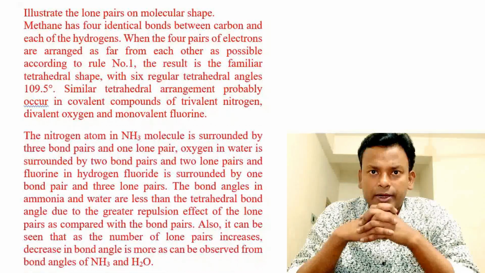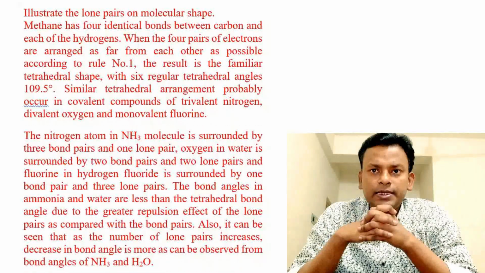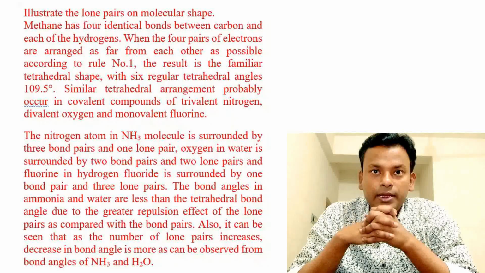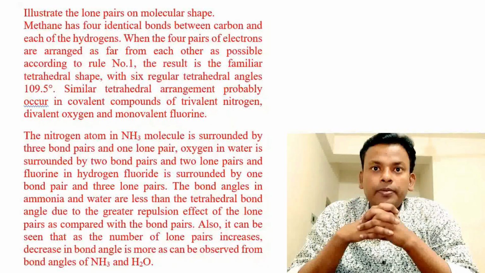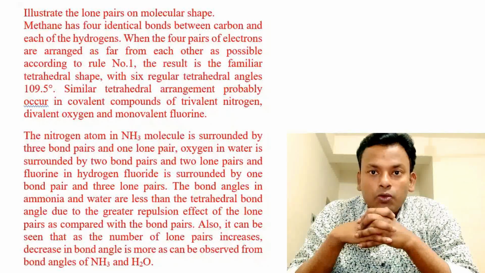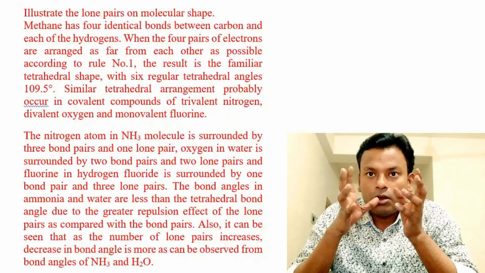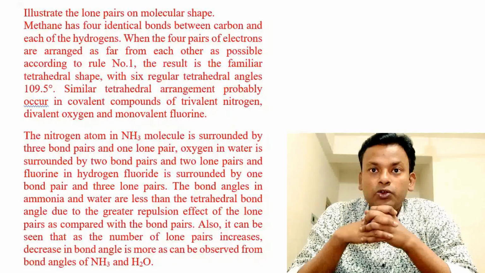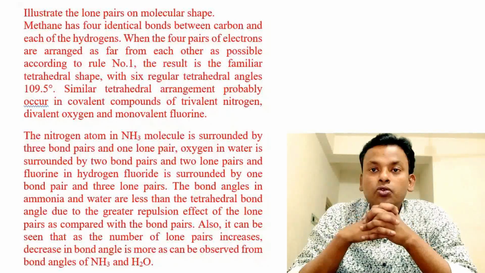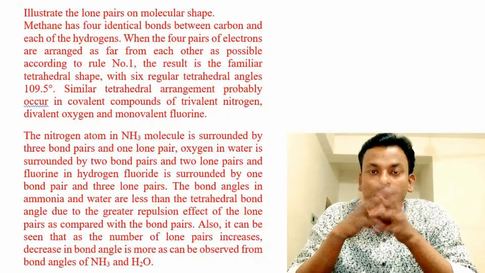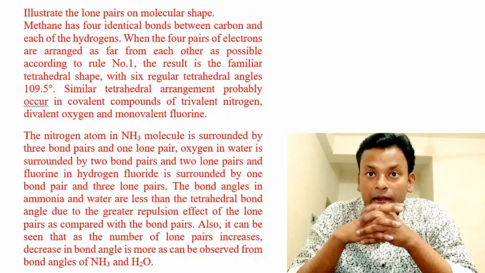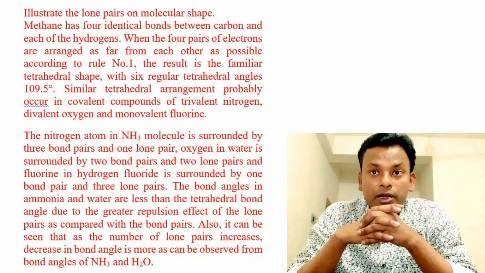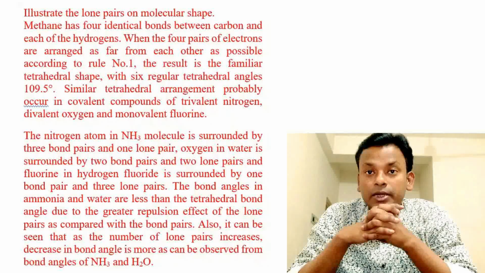The nitrogen atom in the NH3 molecule is surrounded by 3 bond pairs and 1 lone pair. Oxygen in water is surrounded by 2 bond pairs and 2 lone pairs, and fluorine in hydrogen fluoride is surrounded by 1 bond pair and 3 lone pairs.